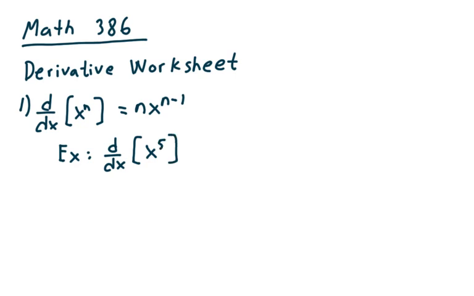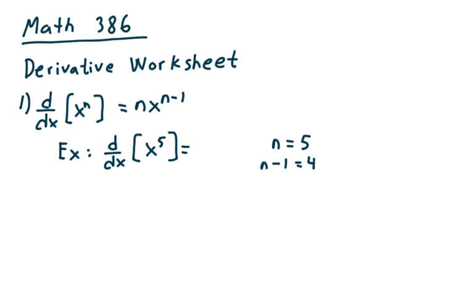In this example, what is n? n is 5. So n minus 1, if I subtract 1 on both sides, we're going to get 4. So this is 5x to the 4th.